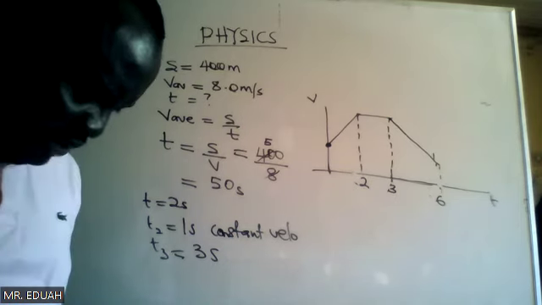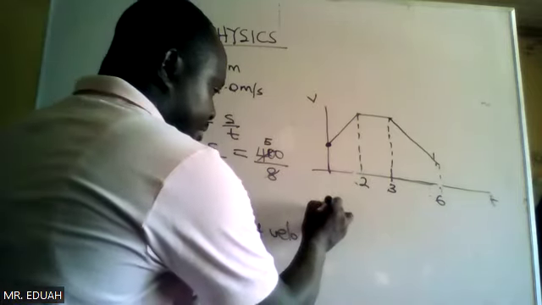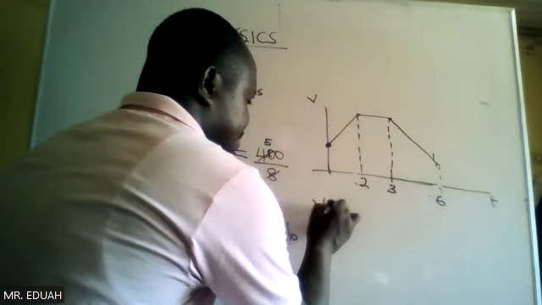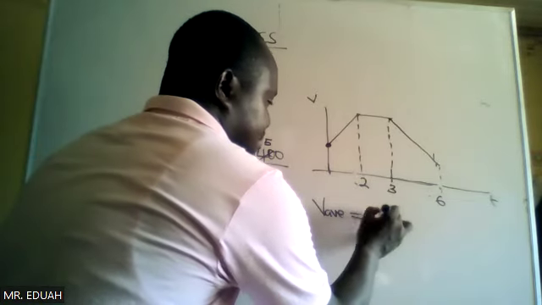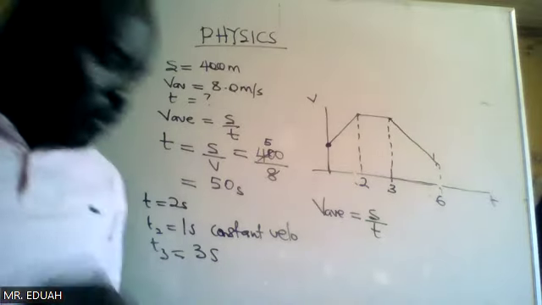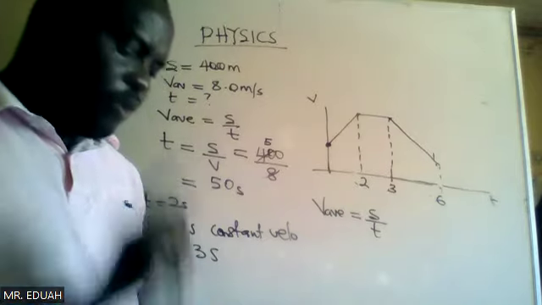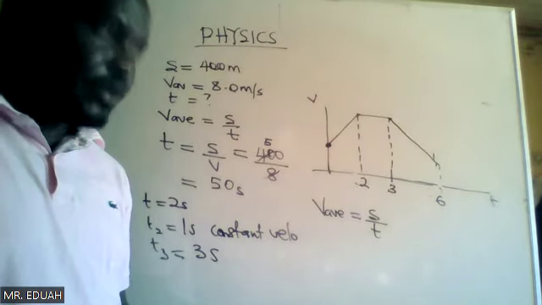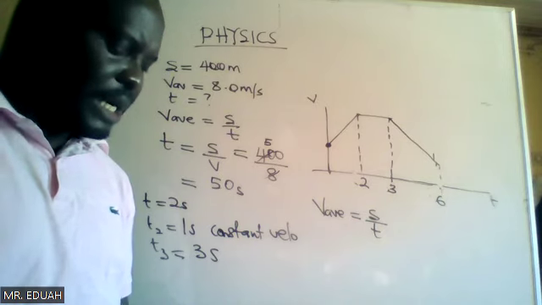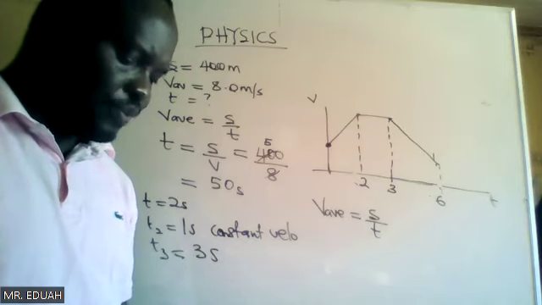When you look at the graph, we know for sure that for a displacement-time graph, our average speed V average will be equal to total distance over total time. So what is the total distance within the said time? The body's displacement increased steadily from 0 to 2.